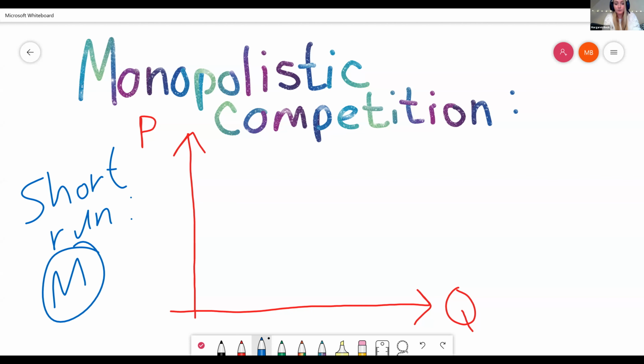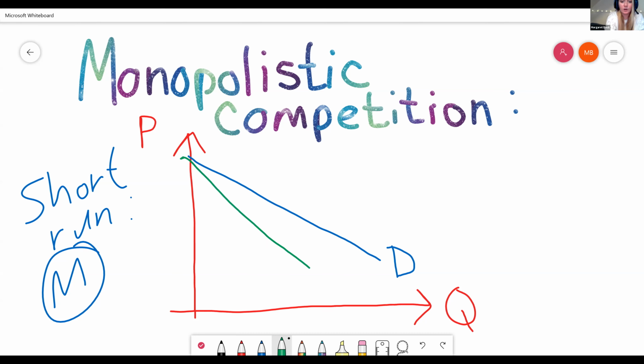So just like a monopoly, the monopolistic competitor faces a downward sloping demand curve. And because of that, the marginal revenue curve is going to be underneath the demand curve at exactly half of the slope. And then the marginal cost curve is just going to look like this.